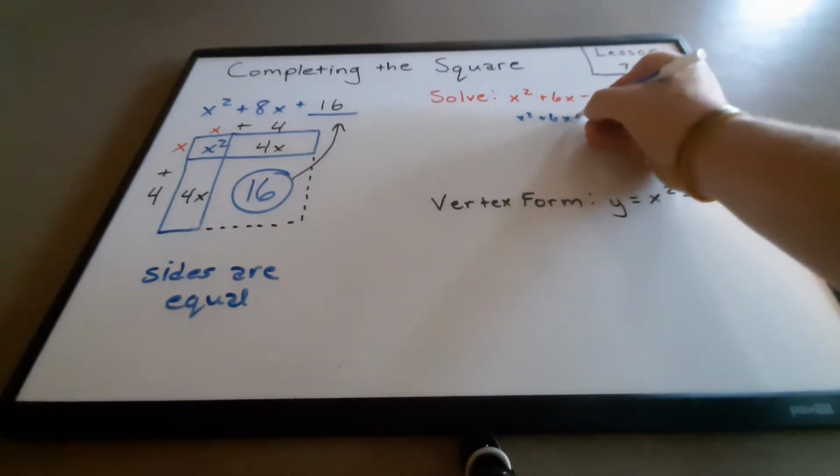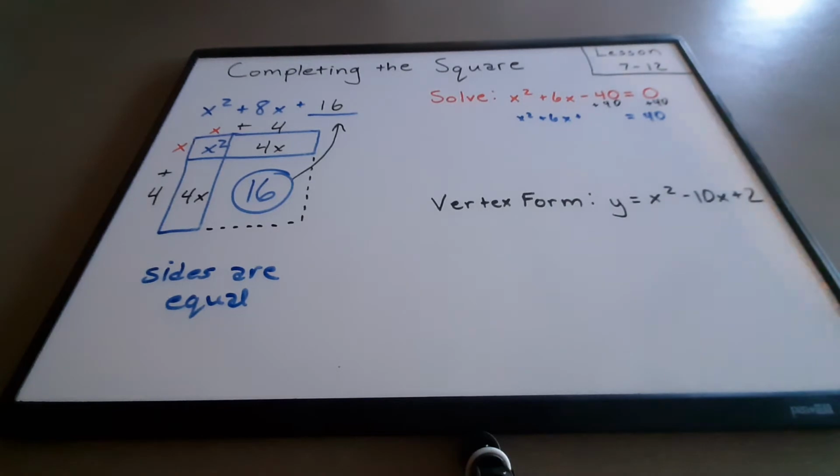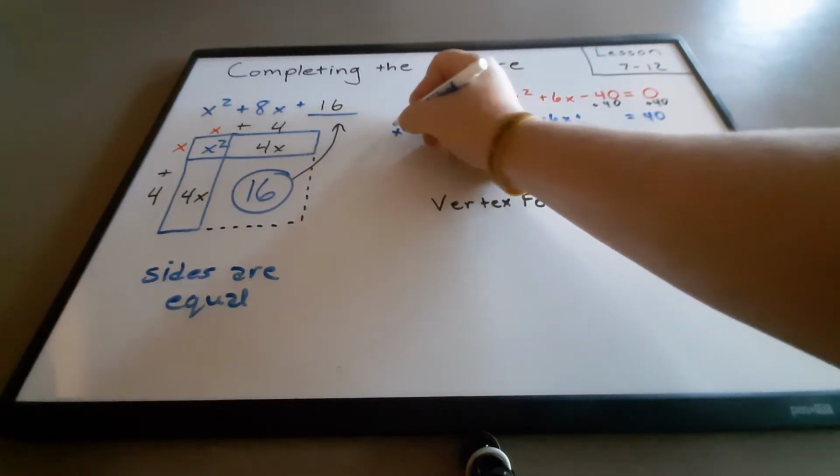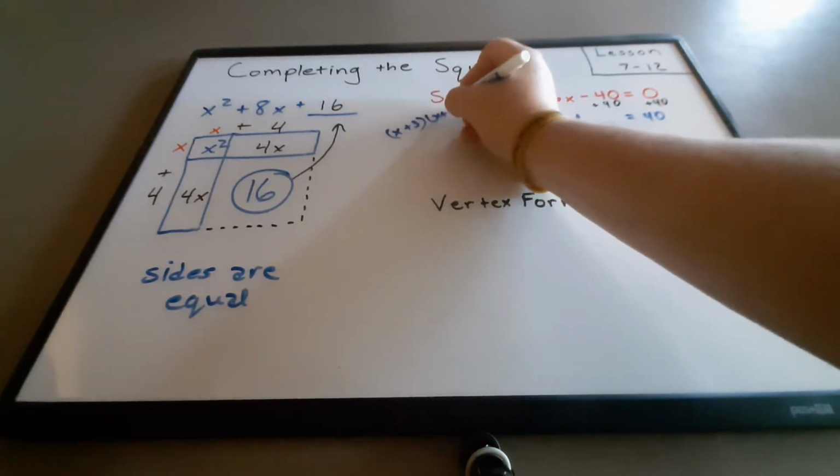We want to add something here to create our perfect square. If you remember, we just took the 8x and split it in half. So the 6x just has to get split in half to make two 3x's. x times 3 makes 3x. So we're going to be using x plus 3 and x plus 3.